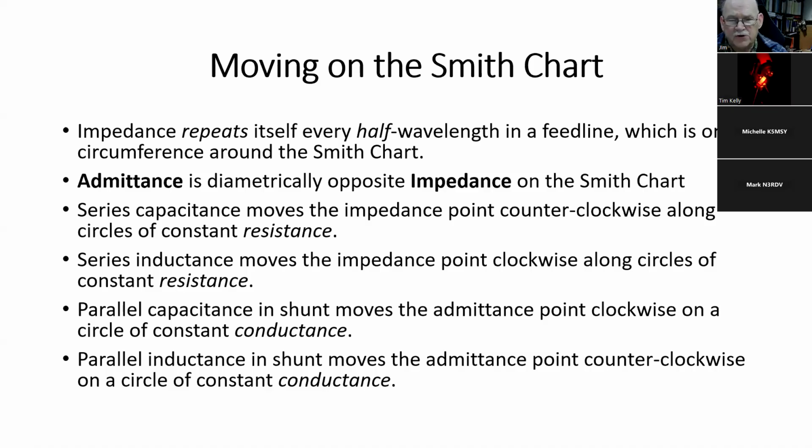So moving on to the Smith chart, as I said a minute ago, impedance repeats itself every half wavelength in a feed line, and that's one circumference around the Smith chart. Admittance is diametrically opposite to impedance on the Smith chart. If you're using a paper Smith chart, you plot the normalized impedance, and then you take a straight edge and take that through the center, and then a set of calipers like my Naval Academy navigation kit, and go the same distance on the other side, and you now have the normalized admittance of whatever the load is.